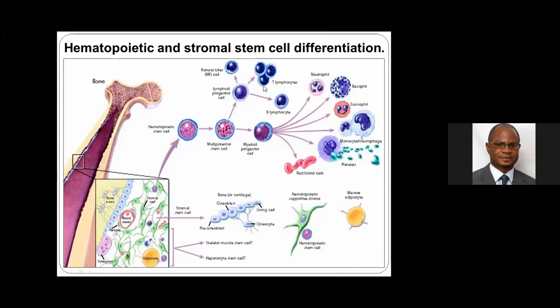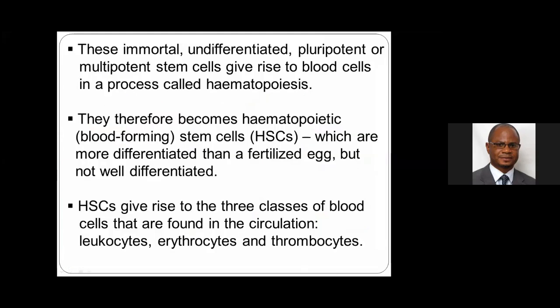Of course, at some point, the T lymphocytes will leave the bone marrow and go to the thymus to finish their development over there. So the stem cells are immortal, undifferentiated, multipotential. Multipotential meaning they can become any of the blood cells.